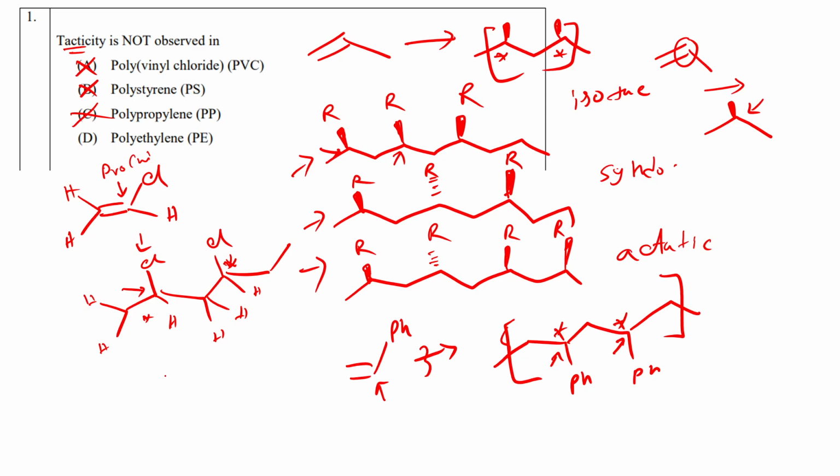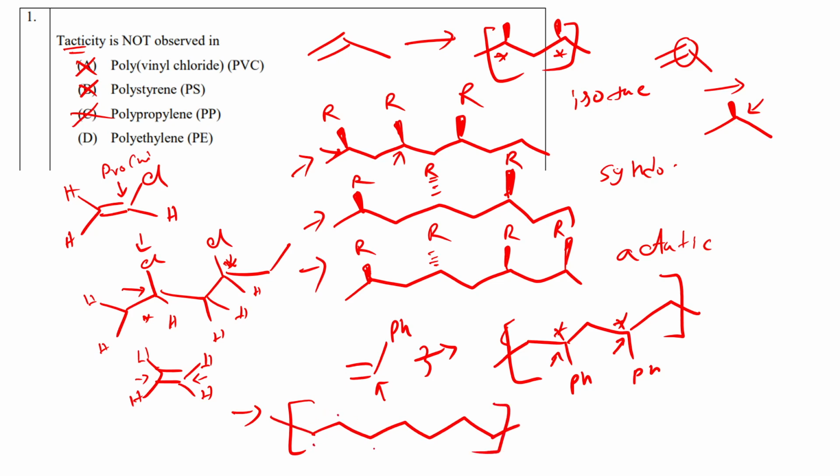Now, lastly, polyethylene. Here, both of these carbons are not prochiral centers, because after polymerization you are going to generate this kind of chain only, and these are not chiral centers. So there is no chiral center present in this kind of polymer.